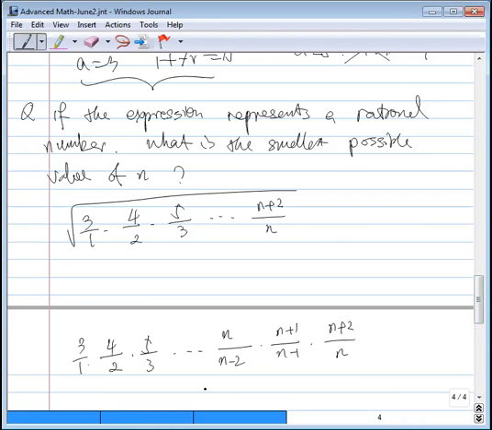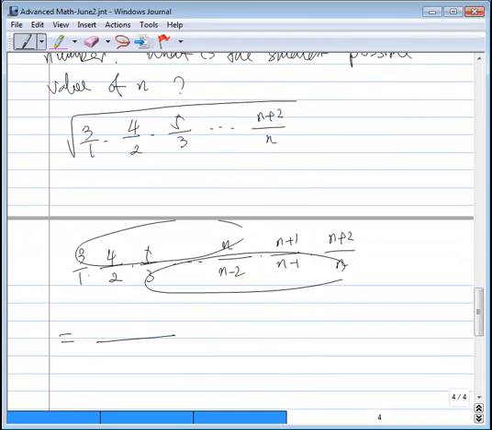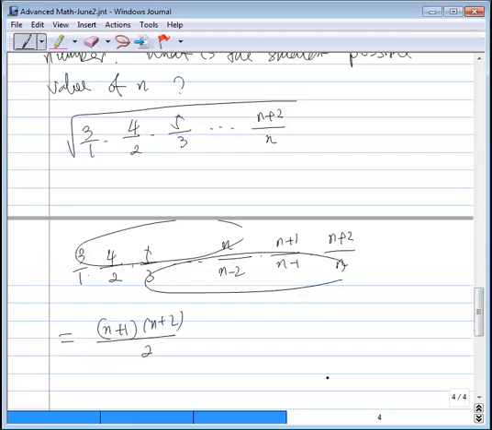So you will see that those terms and those terms will be canceled out. So the answer will be n plus 1 times n plus 2 over 2, and this should be the square of some fraction.